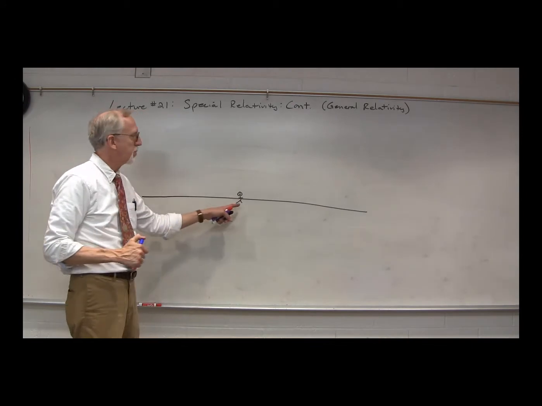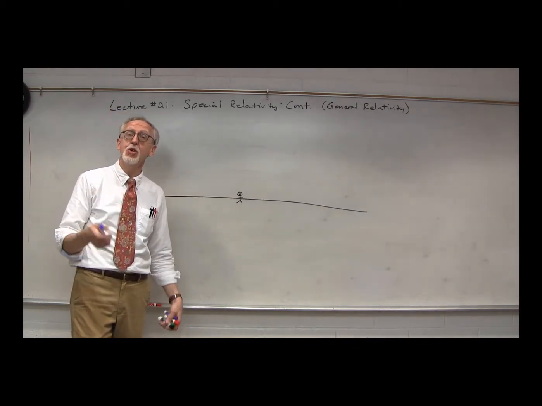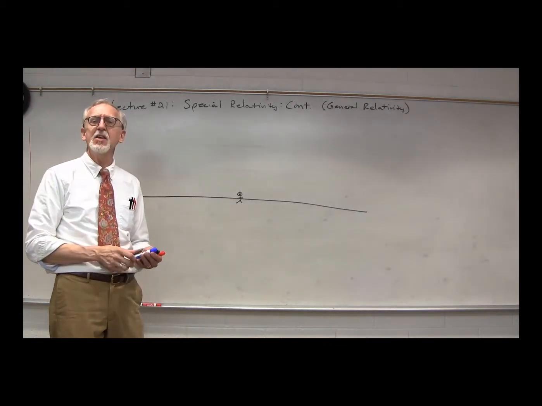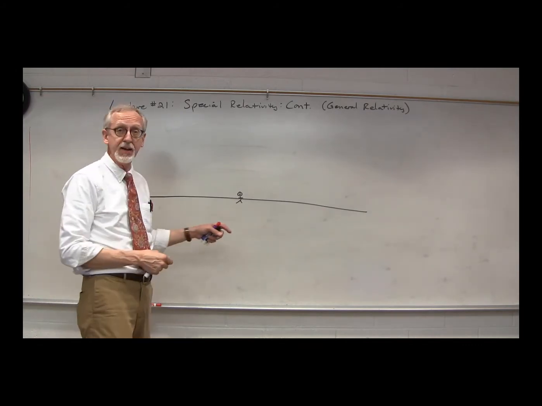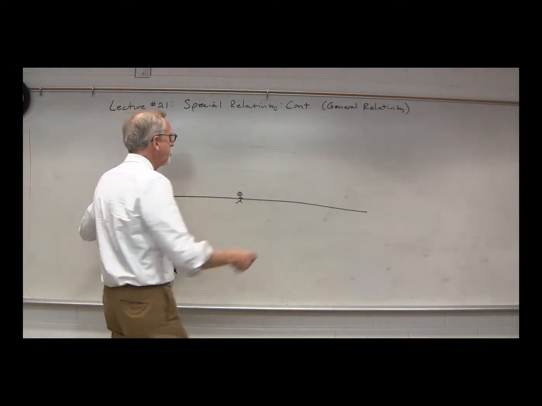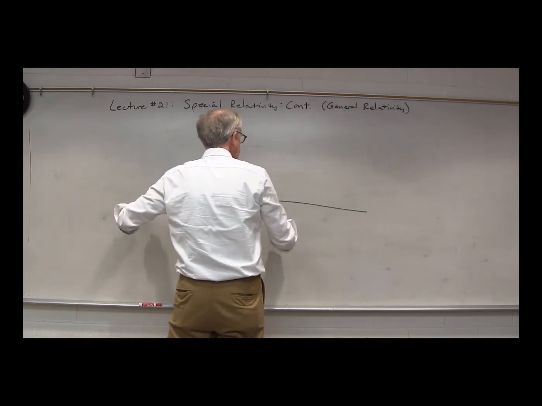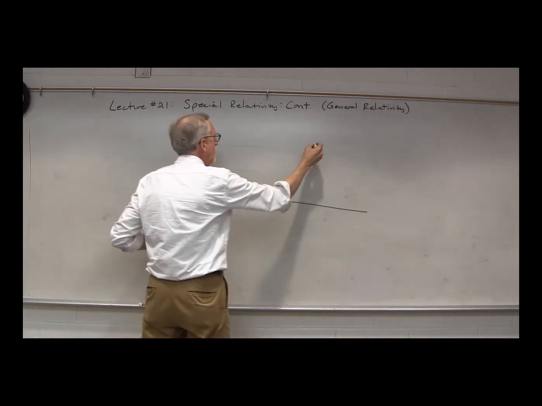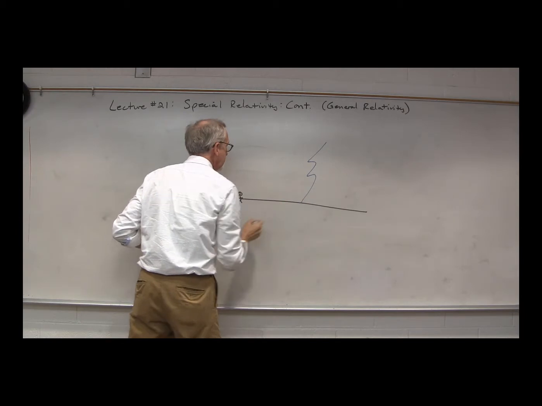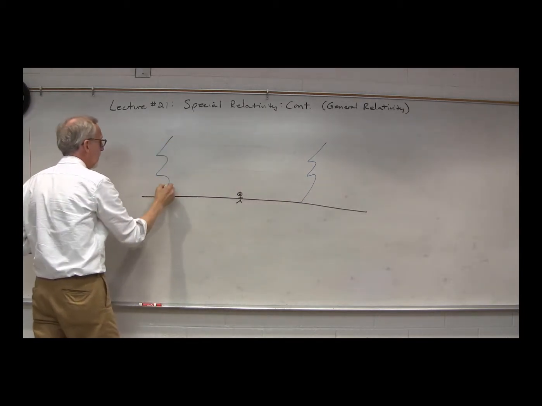Let's imagine that we've got a person standing on the Earth and two events occur. Let's say these two events are two bolts of lightning. So here's the person and two bolts of lightning come down. We've got one bolt of lightning over here and one bolt of lightning over here.